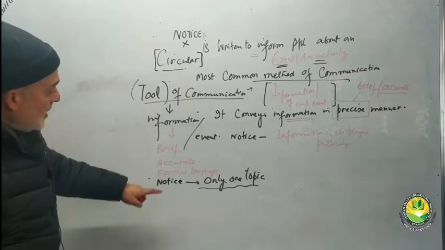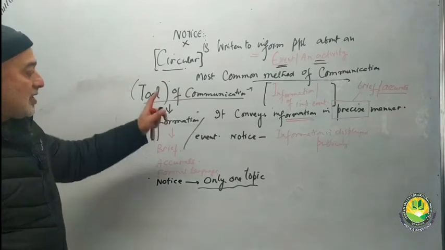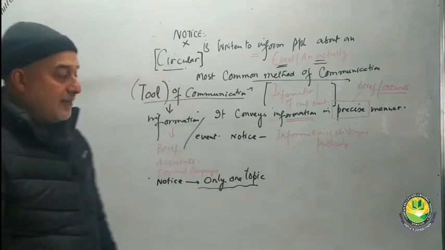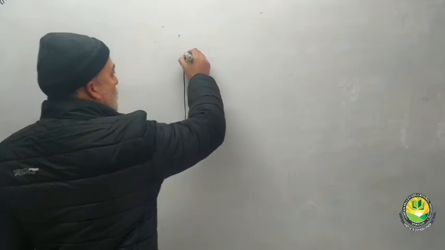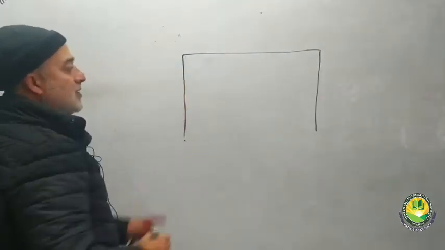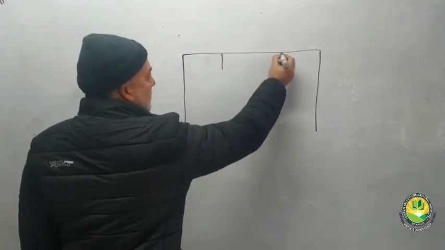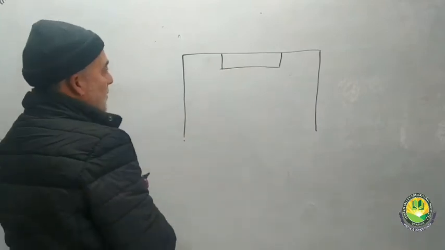So let us see first of all the format of a note, how it is written, and what the requirements of note writing are. First, draw a box. Supposing this is a box, I will call this section number 1.